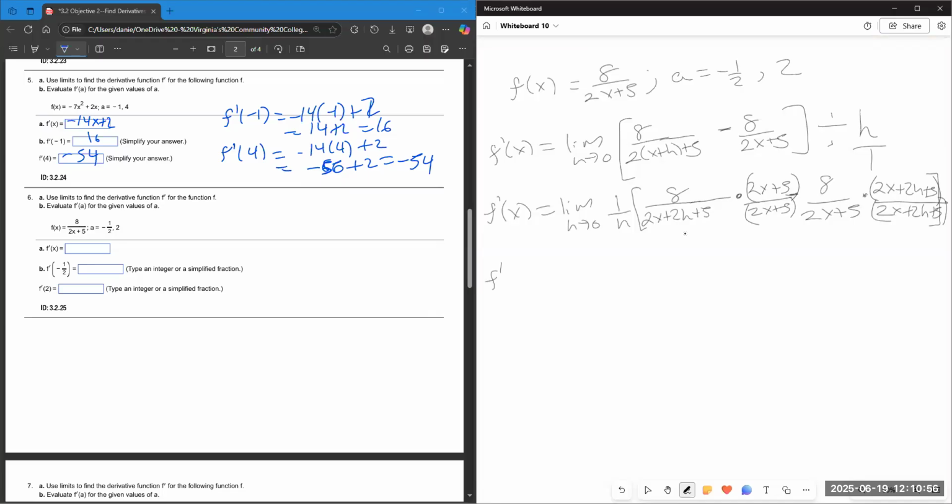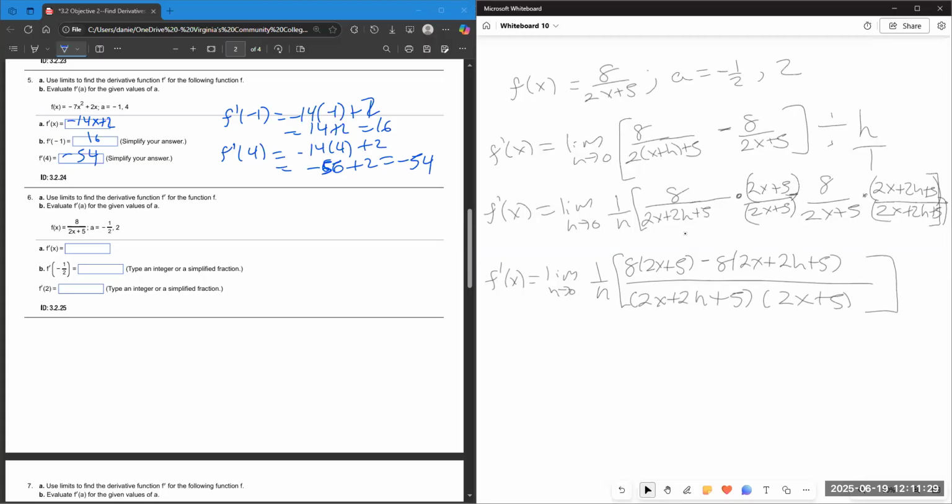So f prime of x is the limit as h goes to 0 of 1 over h times 8 times (2x plus 5) minus 8 times (2x plus 2h plus 5), over (2x plus 2h plus 5) times (2x plus 5).